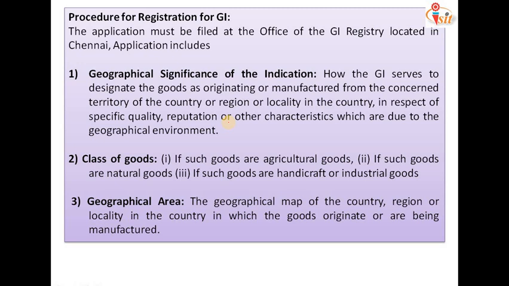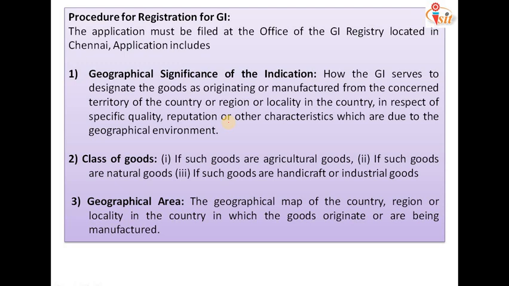How that specific quality or the reputation or the other characteristics of that particular product are due to the geographical environment. You have to clarify the significance of the geographical area about that indication.